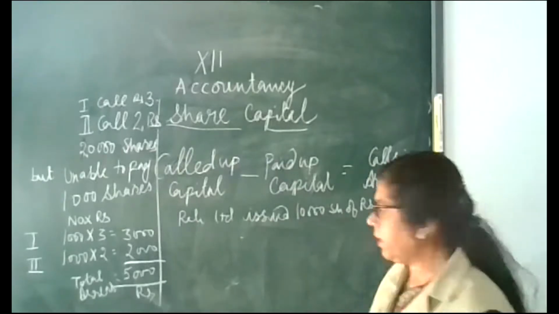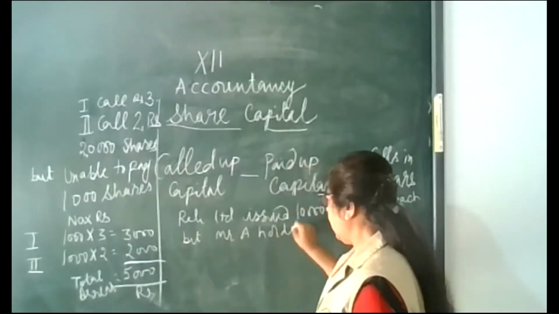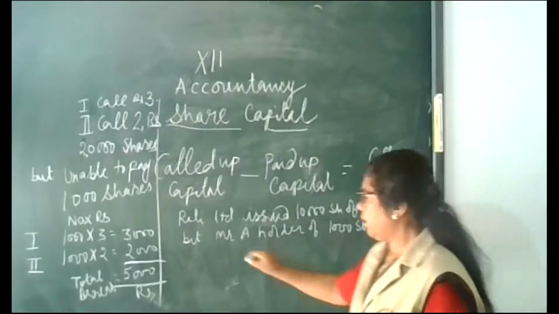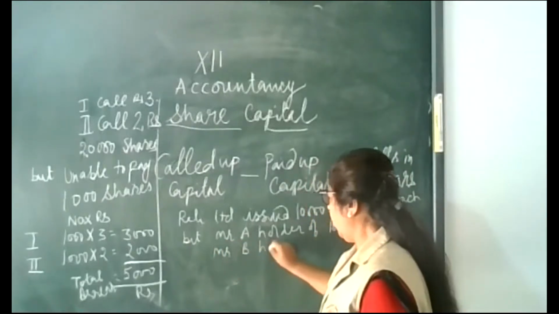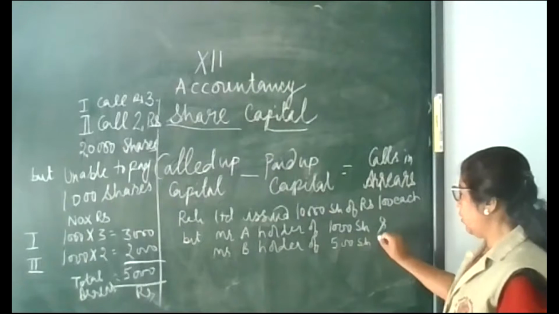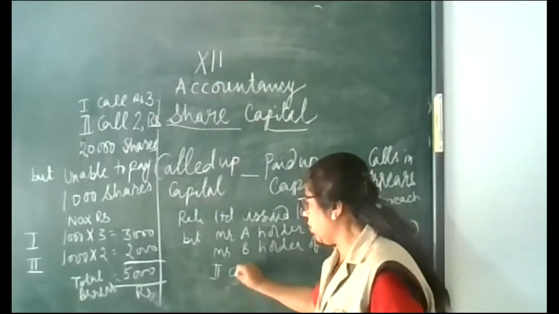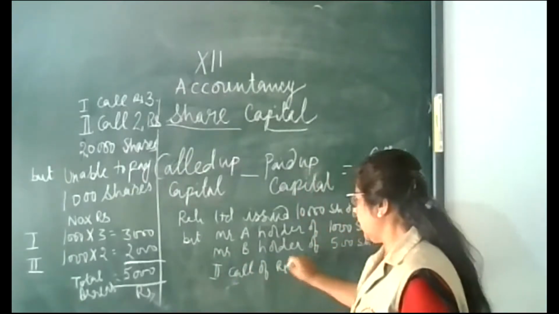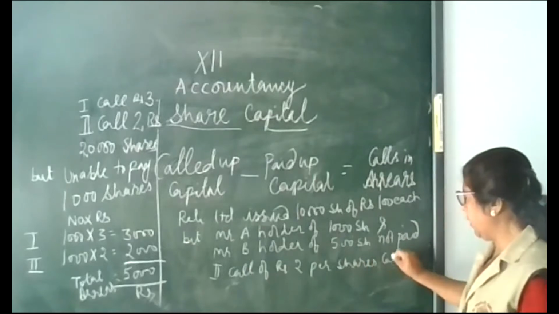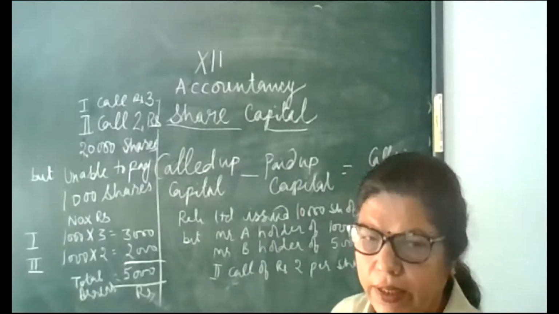Mr. A, holder of 1,000 shares, and Mr. B, holder of 500 shares, have not paid the first and second call of rupees 2 per share. Calculate the calls in arrears.